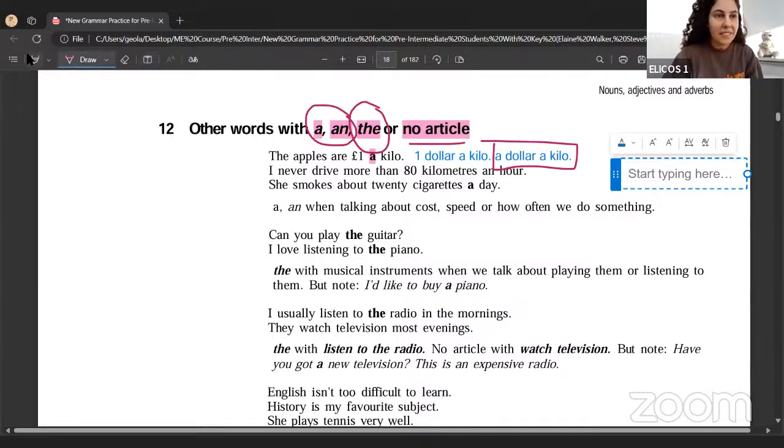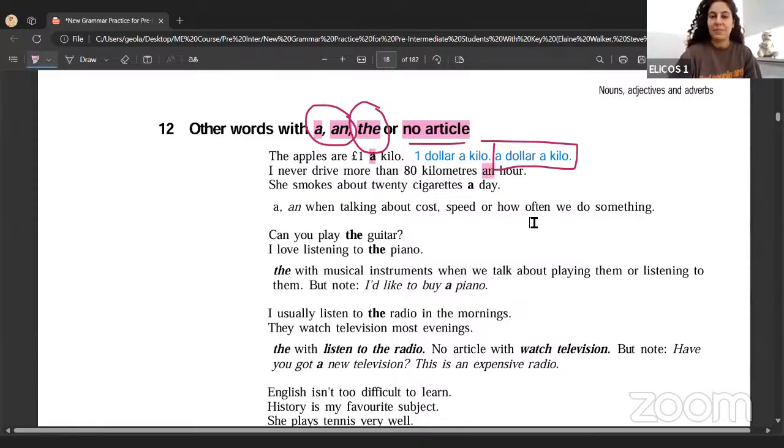Okay, I never drive more than 80 kilometers an hour. So anytime you talk about how much time do you have? Oh, I have an hour. Or in an hour, I have to be somewhere. So we always use an. She smokes about 20 cigarettes a day. We always say a day. Like, when do you leave? I leave in a day.